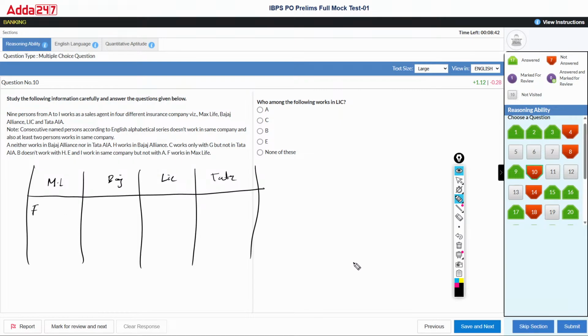C works only with G. C plus G only, but not in Tata. A neither works in Bajaj nor Tata. H works in Bajaj. C works only with G, not in Tata. B does not work with H. So B not here.